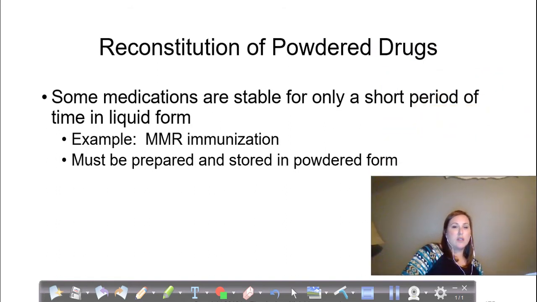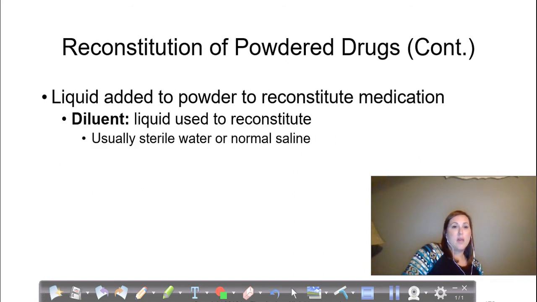So let's talk about reconstitution of powdered drugs a little bit more. Some medications are only stable for a short period of time. That's why they're reconstituted. An example of that is the MMR immunization, measles, mumps, and rubella. It must be prepared and stored in powder form. You add liquid to the powder and reconstitute it.